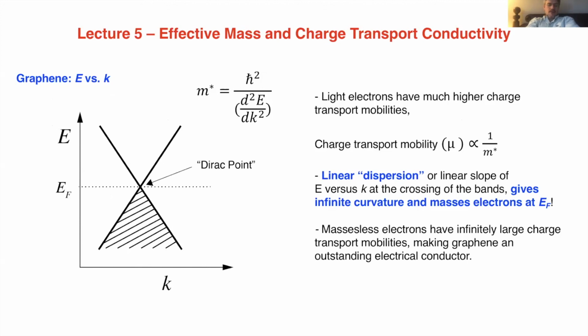Now, it turns out that at that position where they cross, the bands are roughly linearly sloped. And it gives you this really interesting situation pointed out by Dirac. He said that at this point, where there is linear slope, there's zero curvature. And because there is zero curvature, that means that electrons at that Fermi energy are massless.